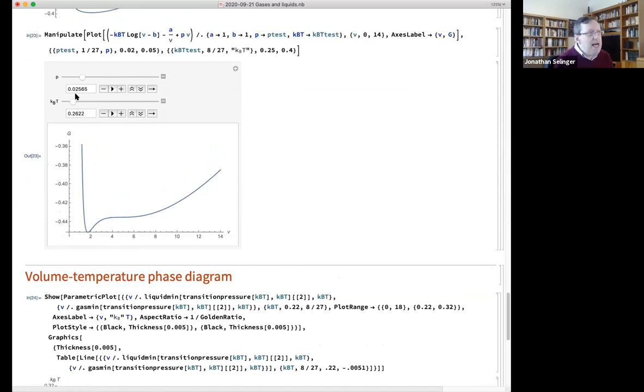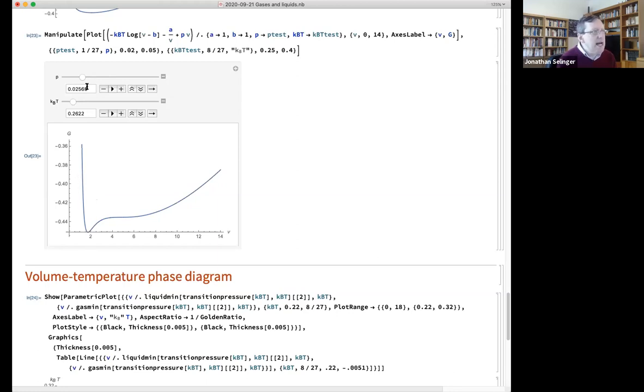And on this plot, we can vary the volume per molecule and see what's the Gibbs free energy. For the particular pressure and temperature that I have right up here, we can see that the minimum is at about a volume of 1.8 in these funny units.